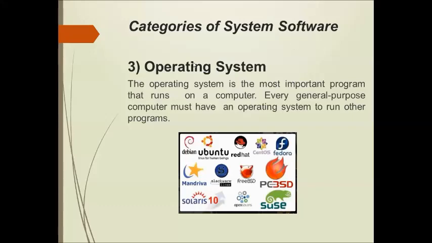So for large systems, the operating system has even greater responsibility and powers. It is also responsible for security, ensuring that unauthorized users do not access the system. So there are 4 categories of operating system. We have the Windows-based operating system. We have also the Mac OS, the Linux, and the mobile operating system.